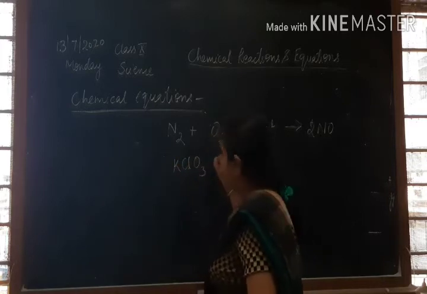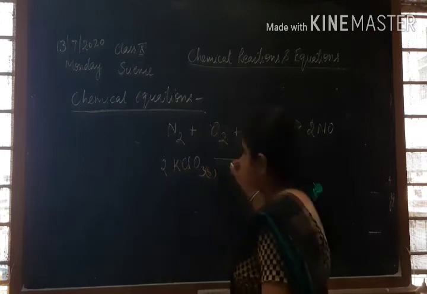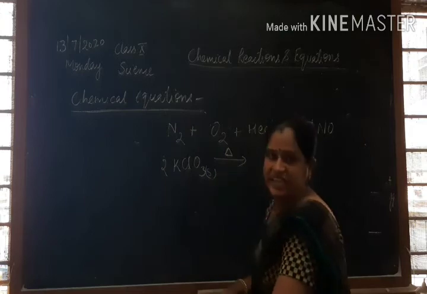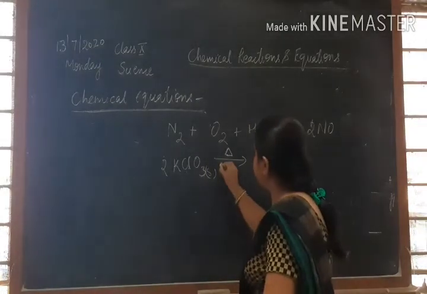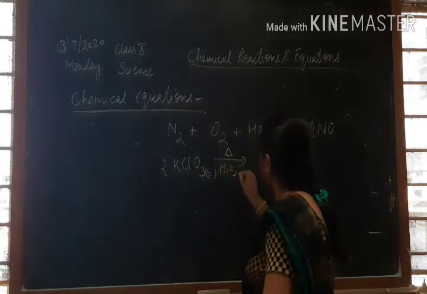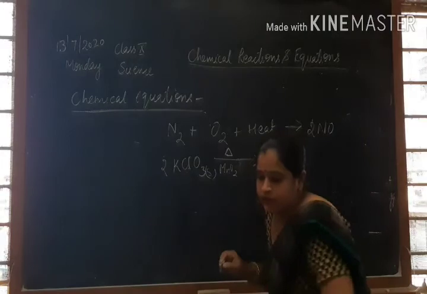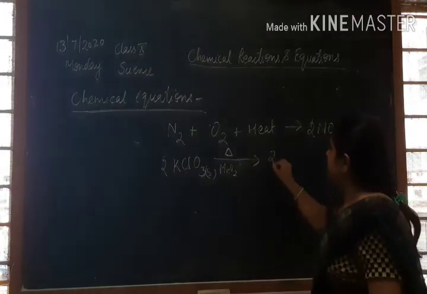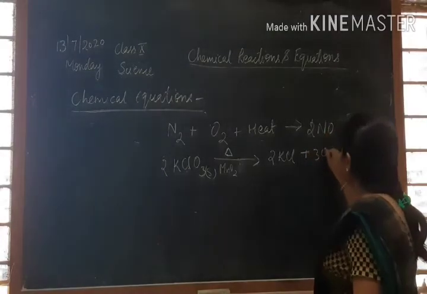This is potassium chlorate, solid in nature, and it needs heat. This reaction occurs in the presence of heat and in the presence of MnO2, manganese oxide. In the presence of manganese oxide, it converts into potassium chloride plus oxygen.